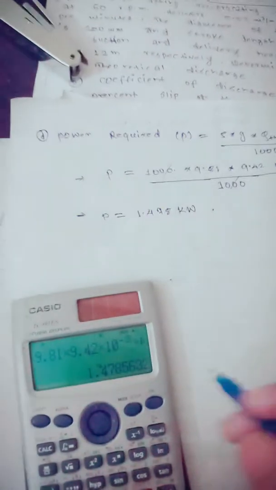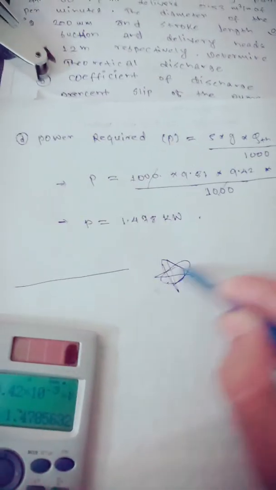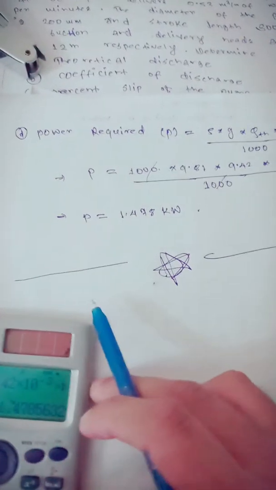So in this way we can calculate the power of the pump used in the single acting reciprocating pump, running with the suction head, delivery head, theoretical discharge and coefficient of discharge.